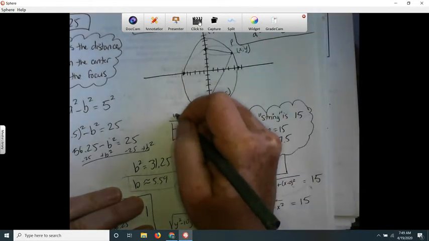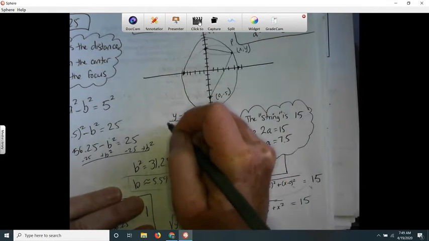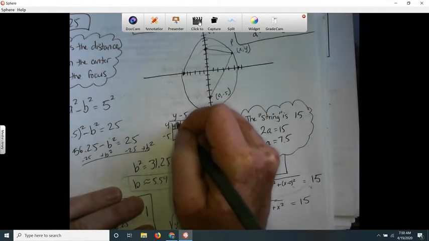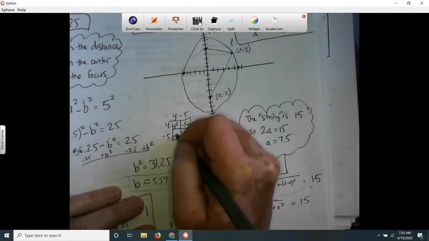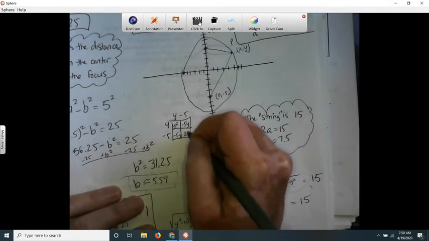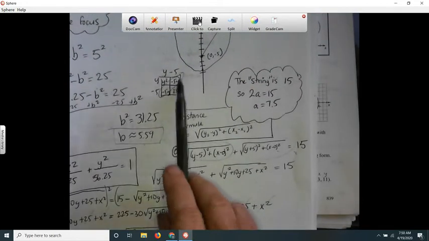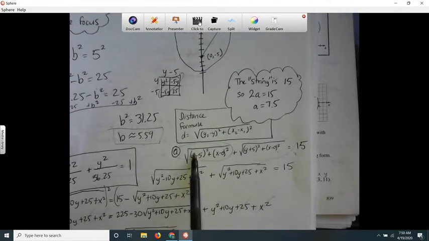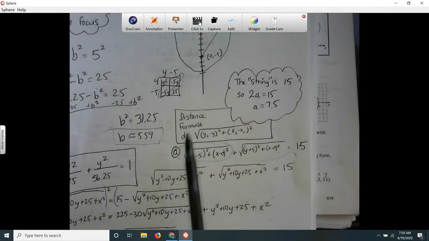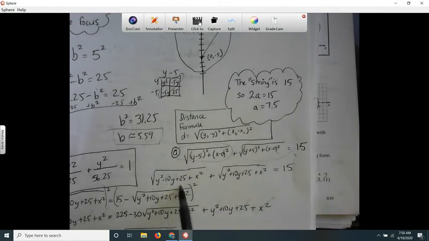But y minus 5 times y minus 5, that's y squared minus 5y minus 5y. These two make negative 10. That's just what I'm doing to all these square binomials, is I'm squaring them out in my mind.